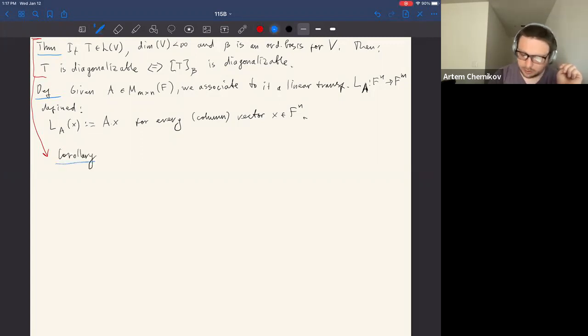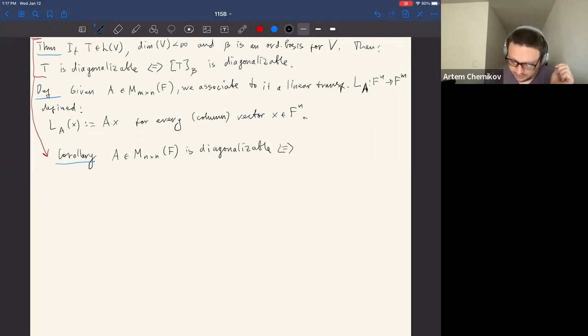A matrix A, an n by n matrix over F, a square matrix over F, is diagonalizable if and only if the corresponding linear transformation LA is diagonalizable.